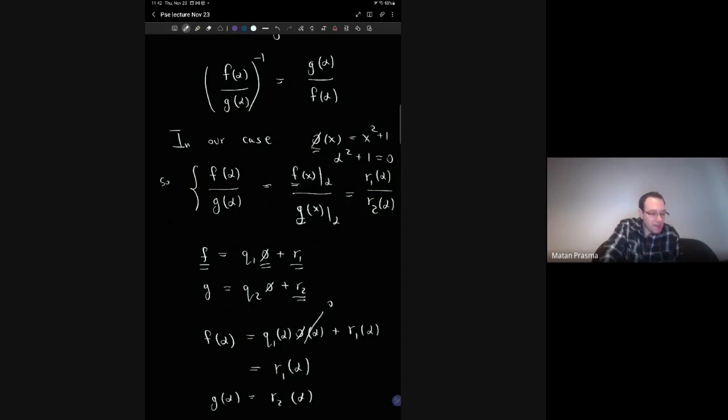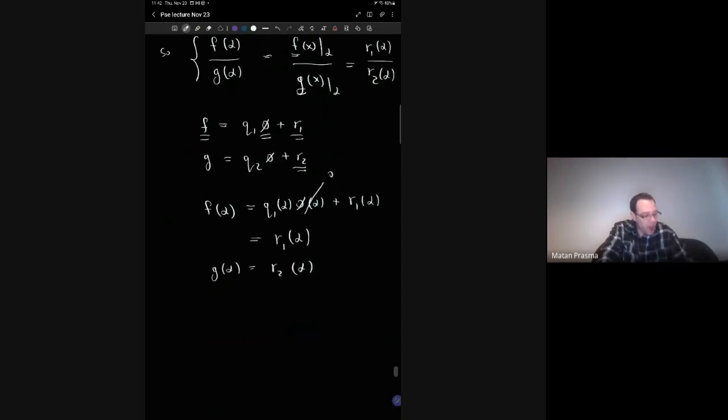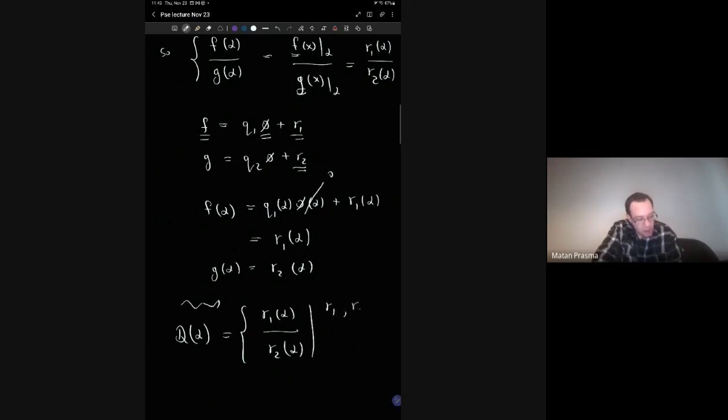Okay, so in fact, I could rewrite Q of alpha as the set of all r1 of alpha modulo r2 of alpha, such that r1 and r2 are polynomials over Q, with r2 not the zero polynomial, and the degree of r1 and the degree of r2 are strictly smaller than the degree of phi, which in this case is 2.